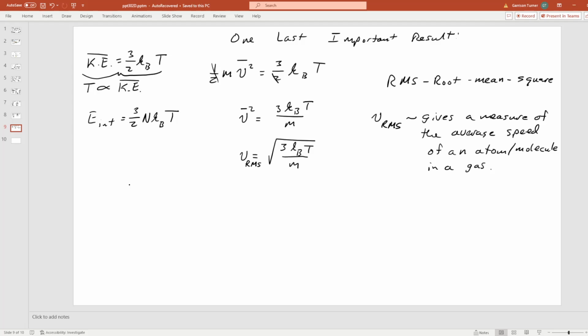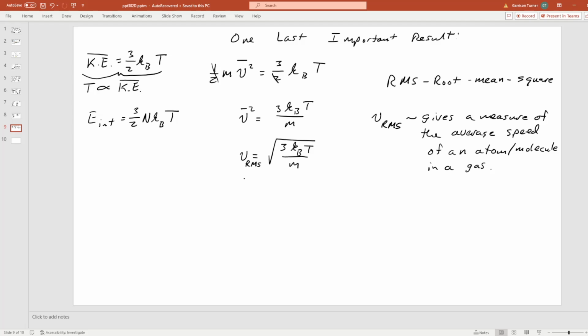But because temperature is a macroscopically measurable thing, I can measure it with a thermometer, okay? Then this actually allows you to state what the average speed of a molecule in the gas is in some sort of meaningful units, right?